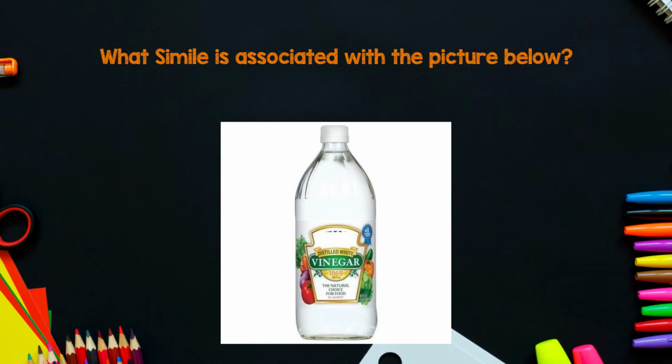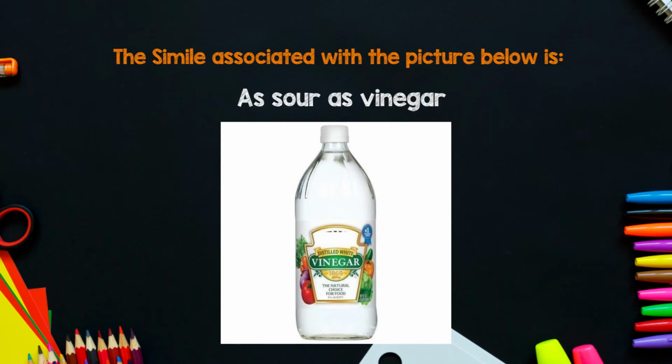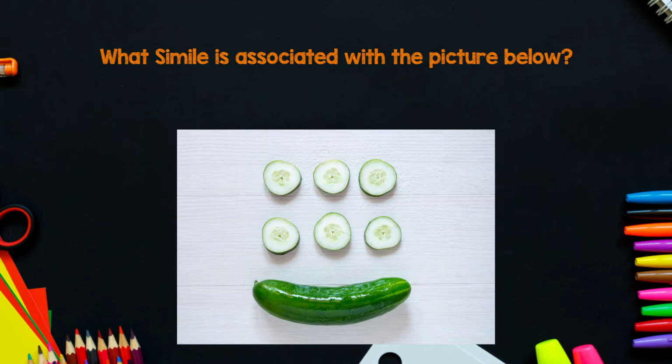Here, boys and girls, we have vinegar. What simile is associated with this picture? Yes, the simile is as sour as vinegar. And lastly, we have the picture of a cucumber.